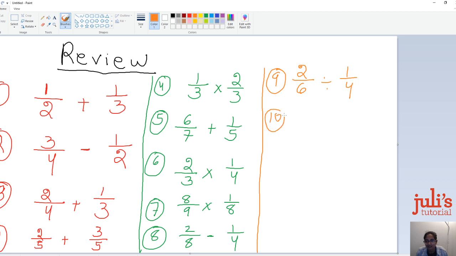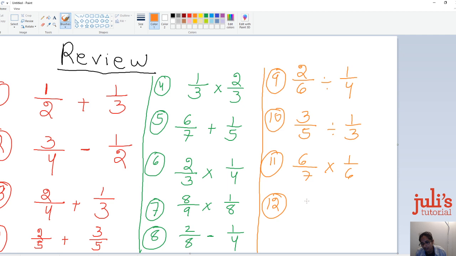Number 10, 3/5 divided by 1/3. Number 11, 6/7 times 1/6. 12, 3/4 divided by 1/3. So do these 12 questions in your notebook as you're joining in class.